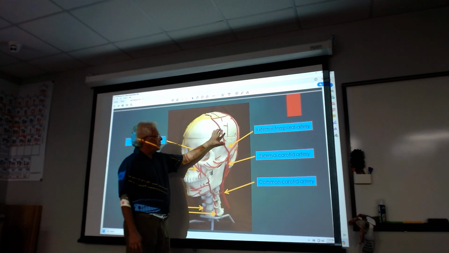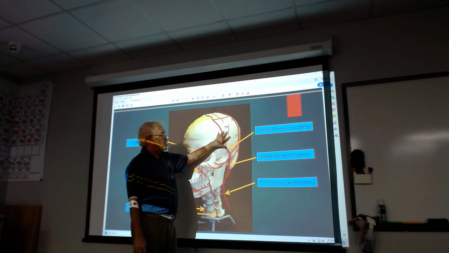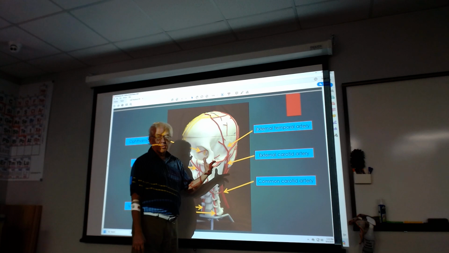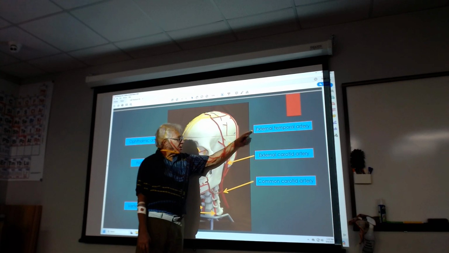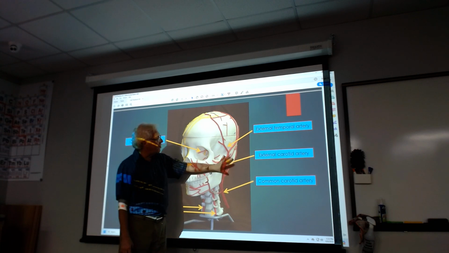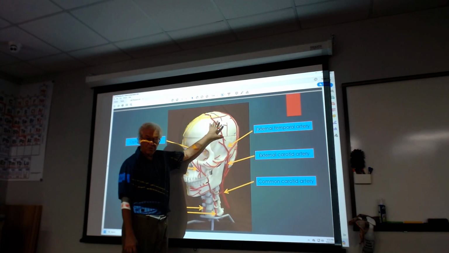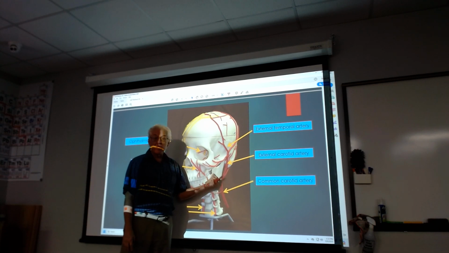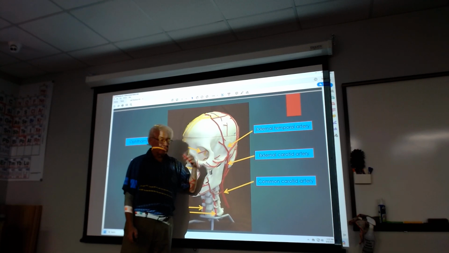Here is one going to the side of your head, temporal. Got it? On the back, occipital. Now please notice, external and internal. That's because some of the vessels are on the surface, on your skull, and others go into your skull through the holes, the foramina, to feed your brain. Okay?